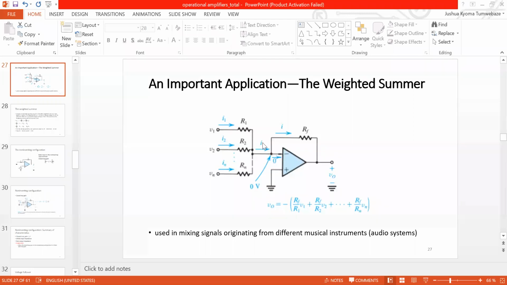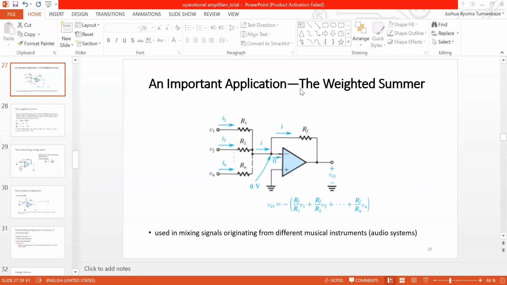Of course, later on we'll look at the non-inverting as well, and we can also replicate these applications with the non-inverting configuration. But let us start with the inverting, which is simple.